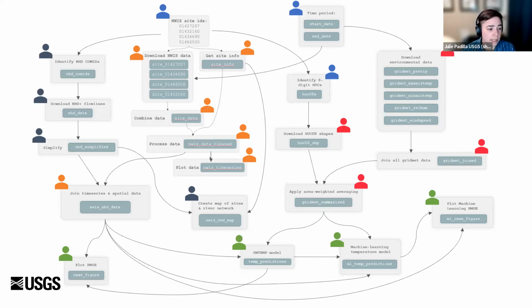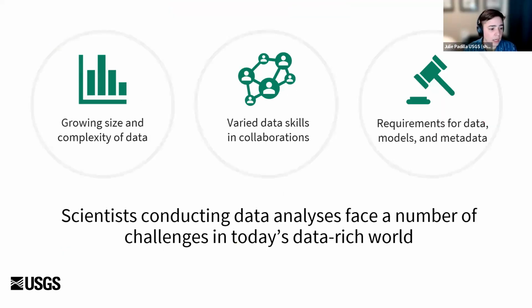And so what the pipeline allows us to do is track changes over time while working collaboratively. And ultimately, it allows us to grow the size and complexity of our data analyses. It allows us to integrate varied data skills in collaboration.